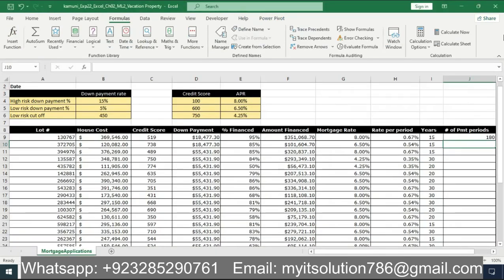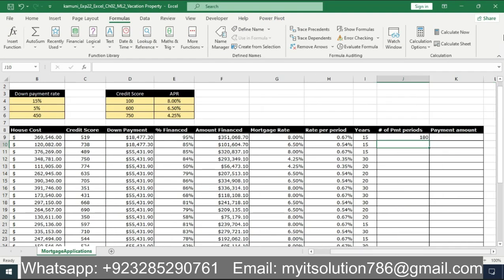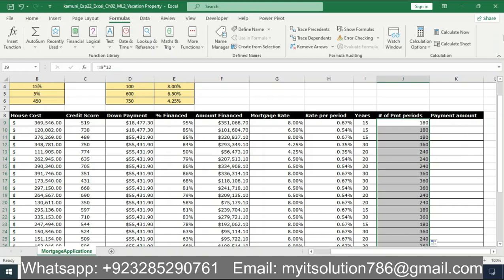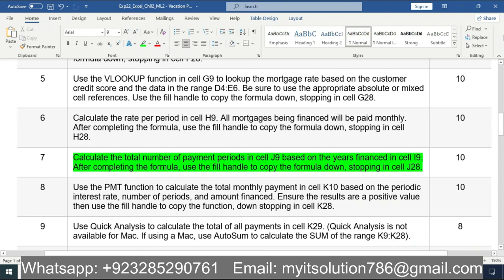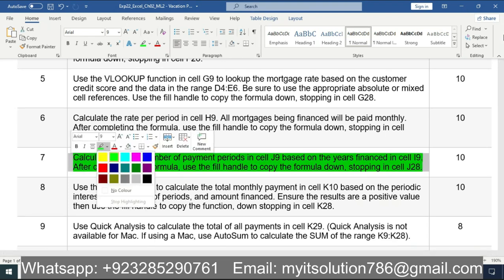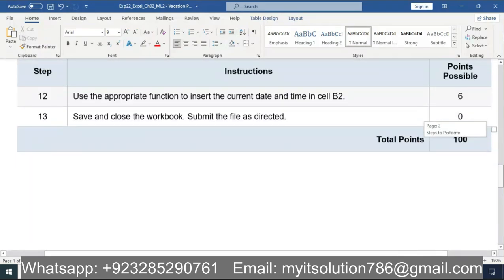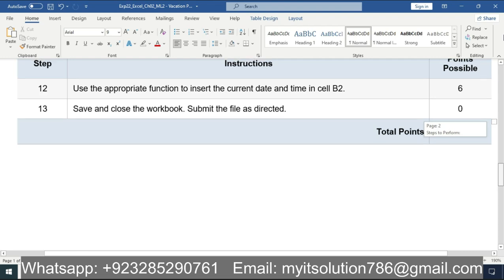So we copy the formula and end on J28. So here are the values that are required for this step. So I have completed the 7th step of this assignment. This assignment consists of 12 steps.